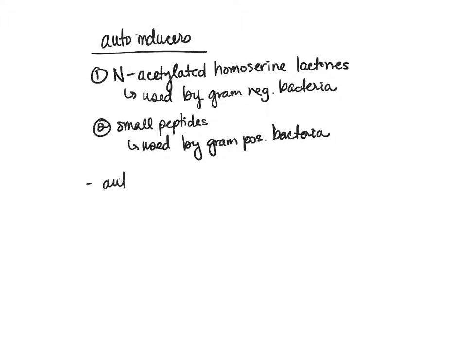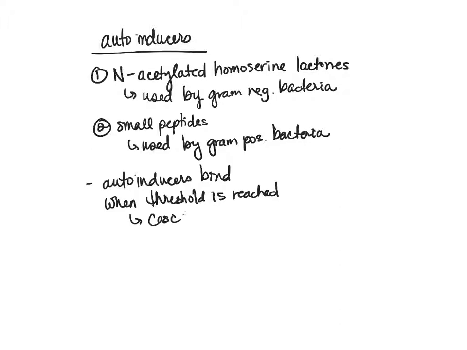So autoinducers bind, and then when the threshold is reached, there's a cascade of events, meaning that there's a change in gene expression. And that's because of all of these autoinducers binding. It says, okay, now is the time, and then we see this gene expression change.